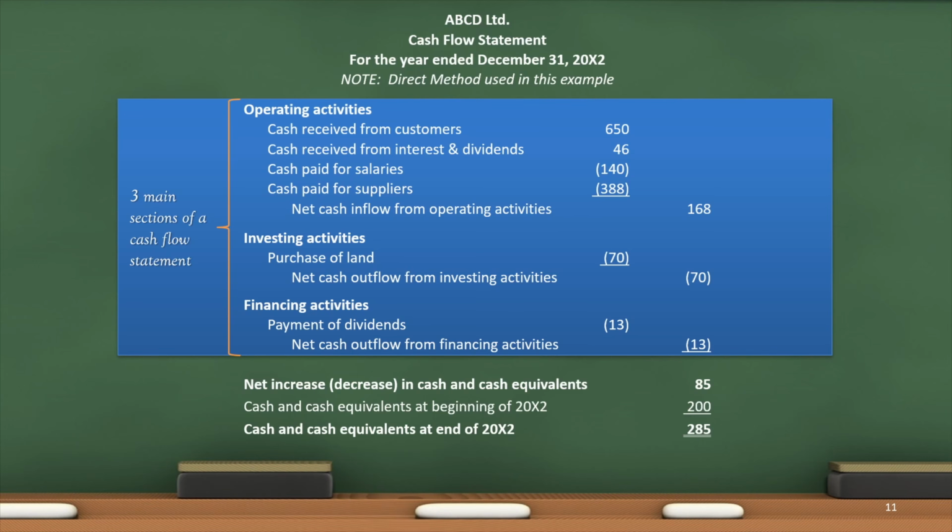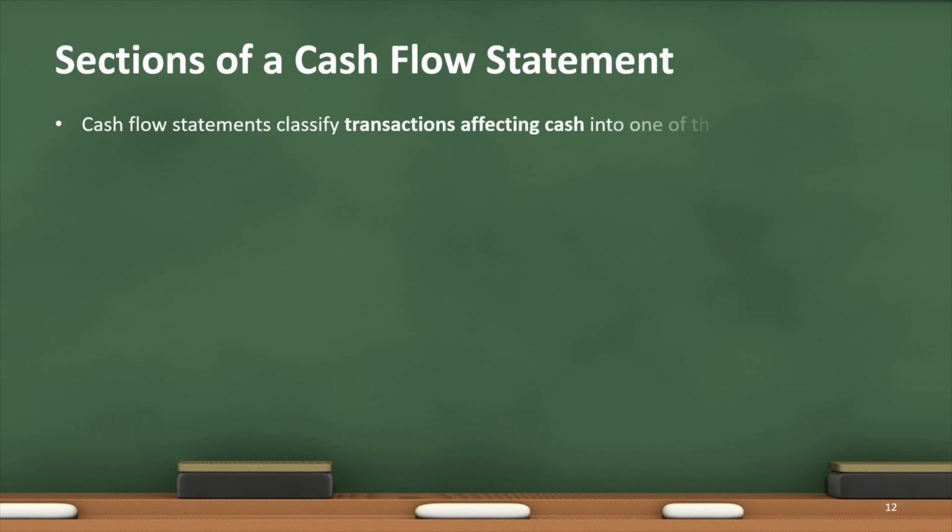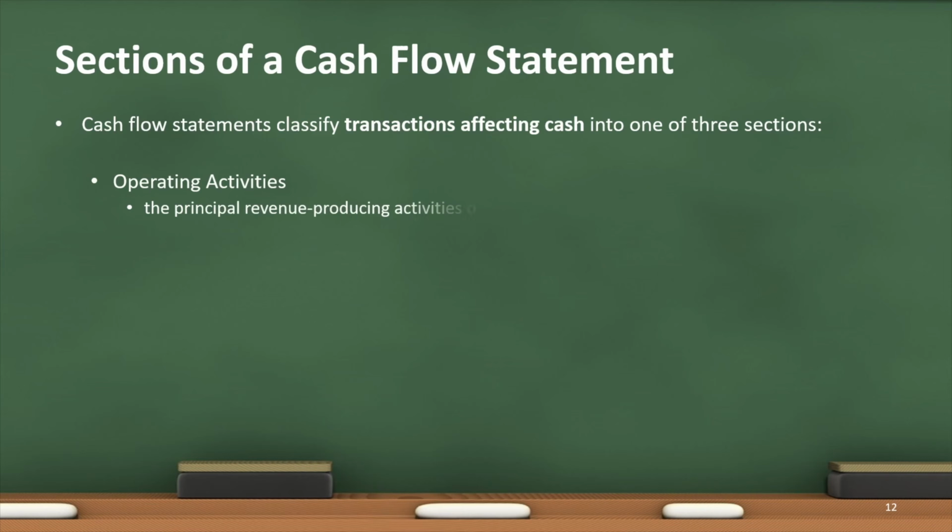But first, I'd like to focus on these three sections of the cash flow statement. So as stated before, the cash flow statements classify transactions affecting cash into one of these three sections: operating activities. And that's when the principal revenue producing activities of the enterprise and all other activities that are not investing or financing activities will be classified.